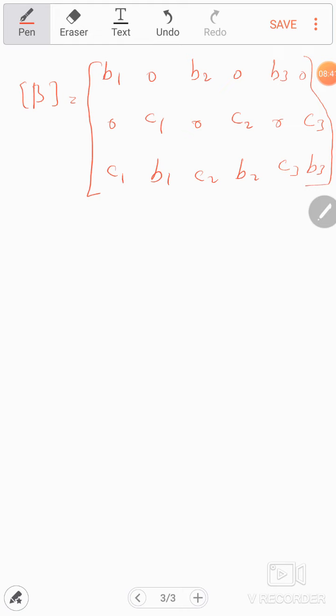So now, how can I find the values of b1 and c1, c2, b2, and c3 and b3?